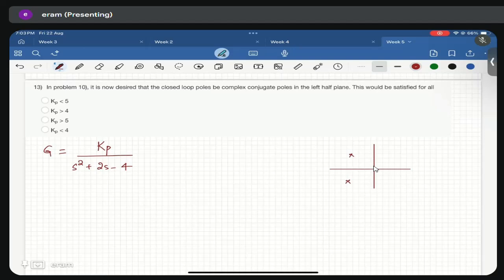First find out the closed loop poles or the closed loop transfer function. Can anyone tell me how we can solve this question? How should we solve it? Using Routh-Hurwitz, or which concept can we use?